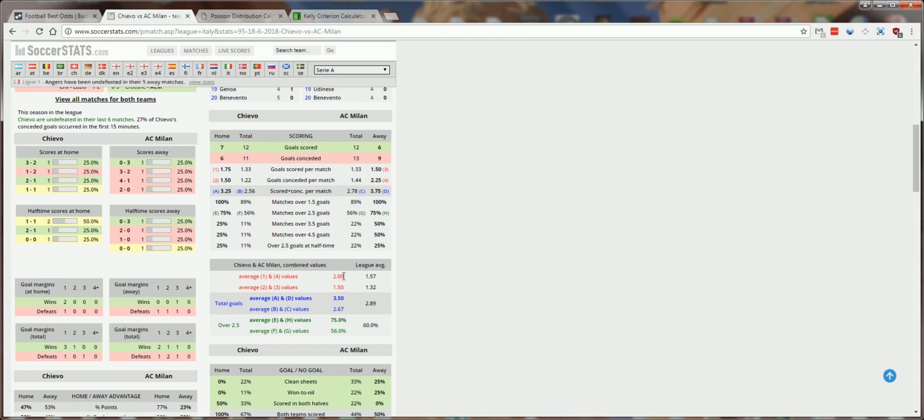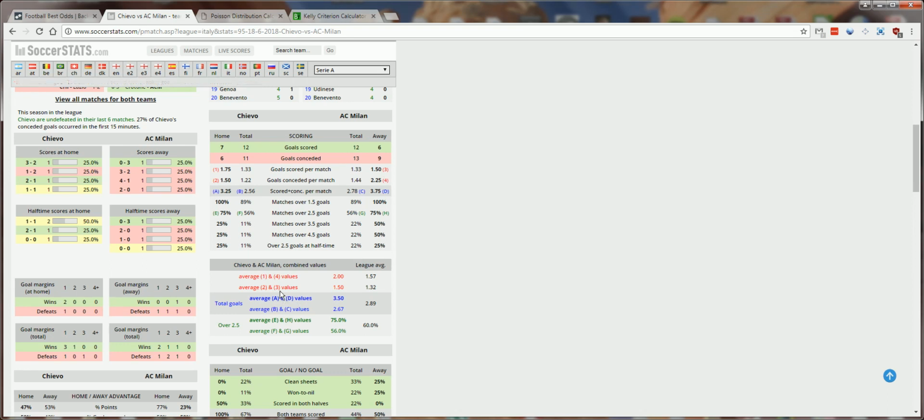So we're going to take these figures here, where my little mouse is, and we've got the average 1 and 4. So 1 is Chievo's goals scored per match at home. 4 is Milan's goals conceded away.